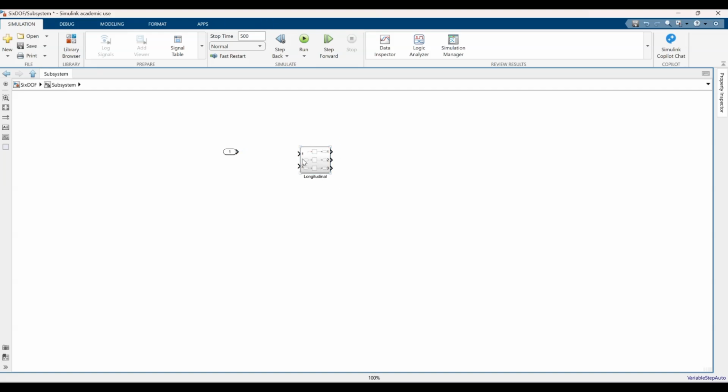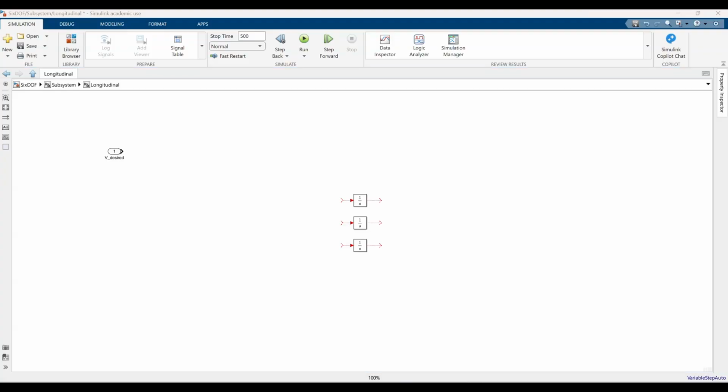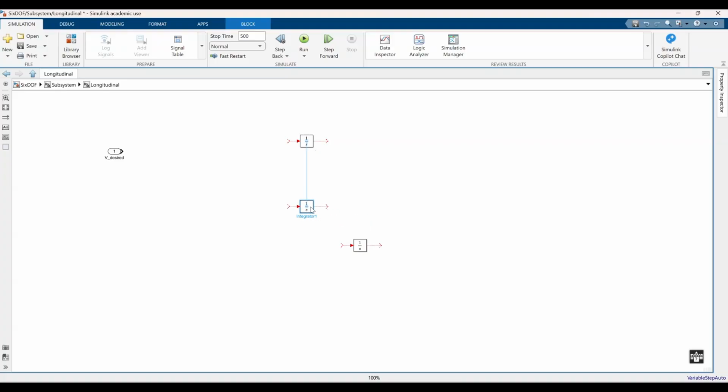So let's get rid of all of these inputs and outputs again, and connect the V desired in here, double click. Now we will start our work. I am going to label this as V desired so we know. Okay, now going into the trim equilibrium subsystem, we will arrange these ones properly.